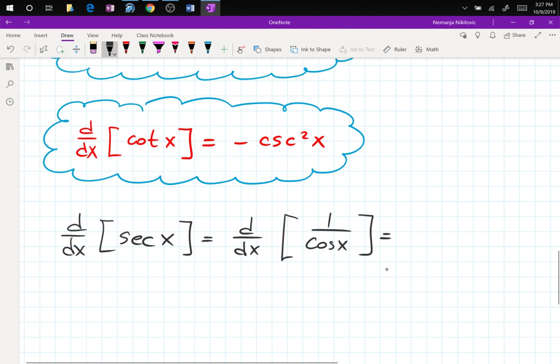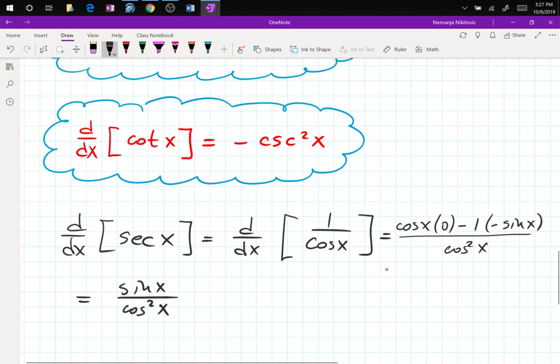Okay, so if you are to use quotient rule here, you will have the cosine squared x in the denominator, then you will have cosine x times 0, because the derivative of the numerator is 0, minus 1 times negative sine x. So the whole thing simplifies into just sine x divided by cosine squared x.